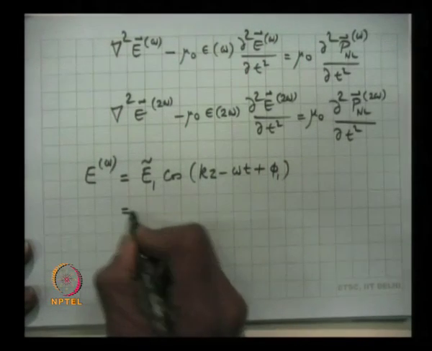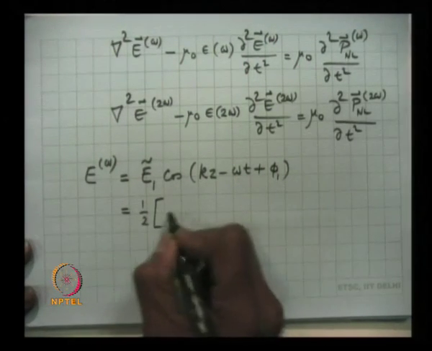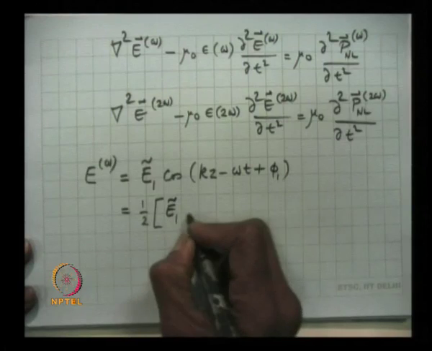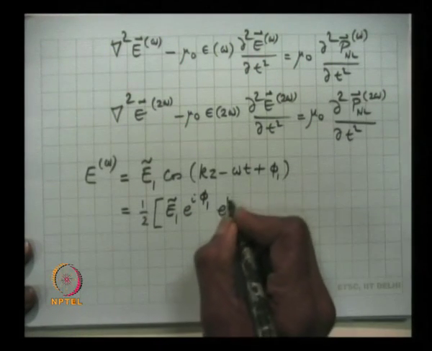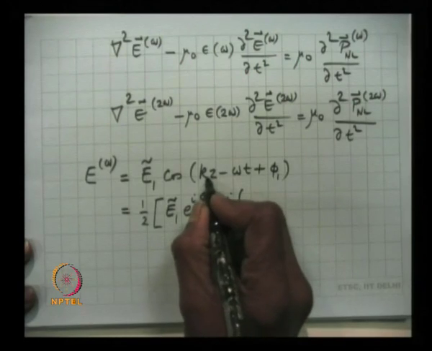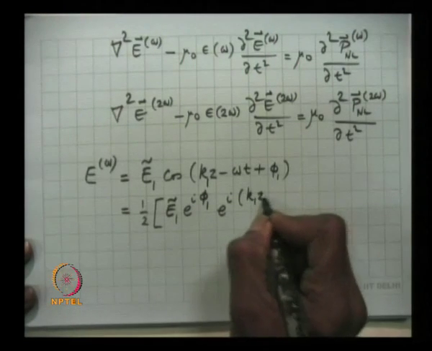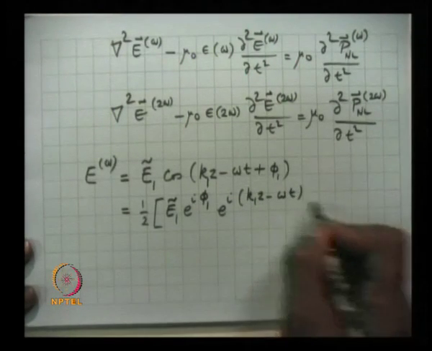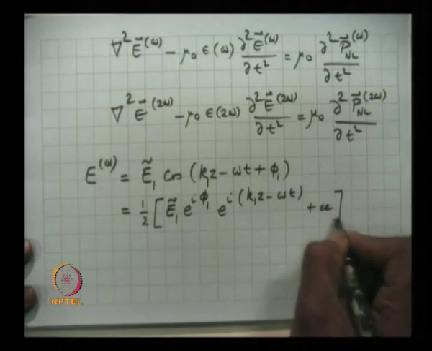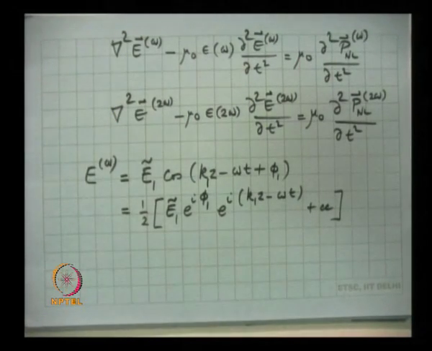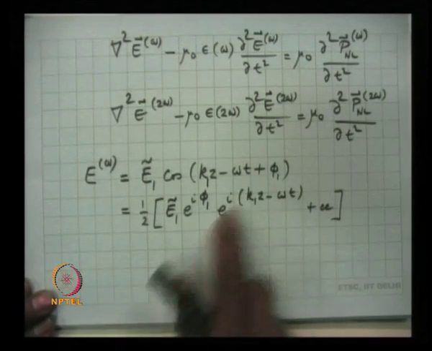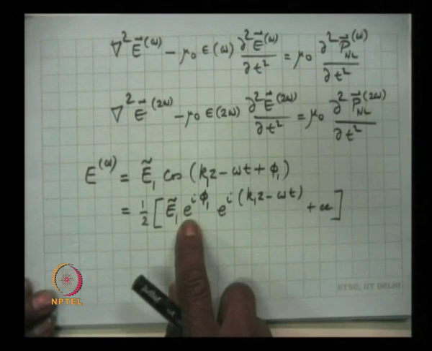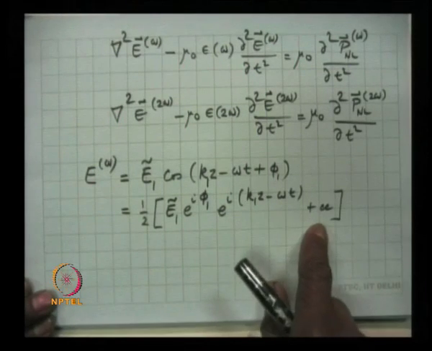I will write this as half of E1 tilde exponential i phi 1 times e to the power i(k1 z minus omega t) plus complex conjugate. CC stands for complex conjugate.